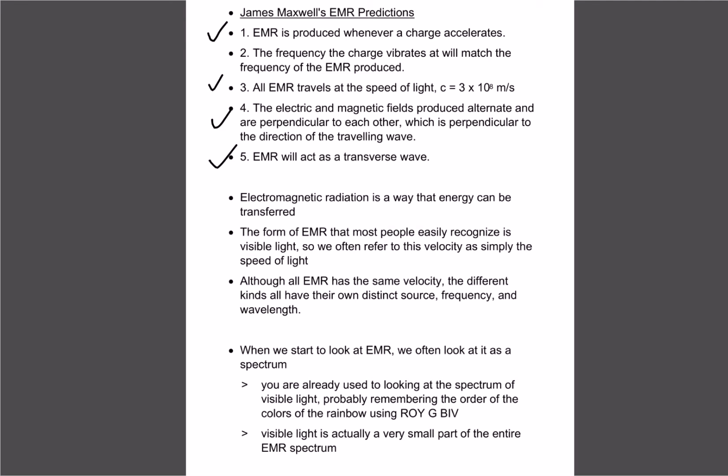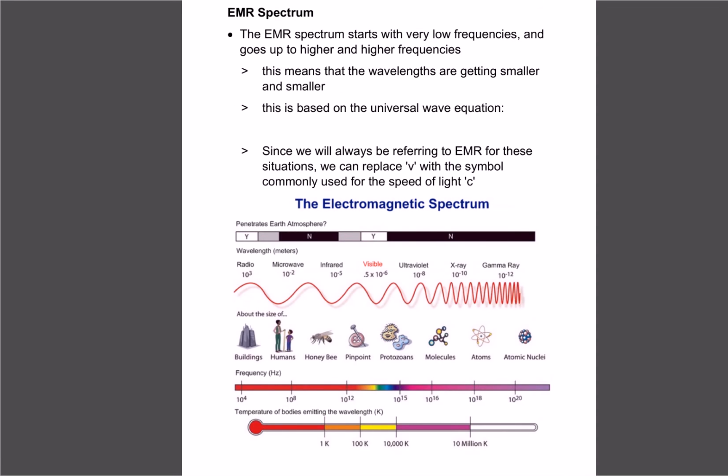But the key thing is, because Maxwell said everything travels at 3 times 10 to the 8th, they all have the same speed. If we look at the spectrum, we're going to go from largest wavelength to smallest wavelength, or lowest frequency to highest frequency, and we're going to see that visible light is a tiny portion of that.